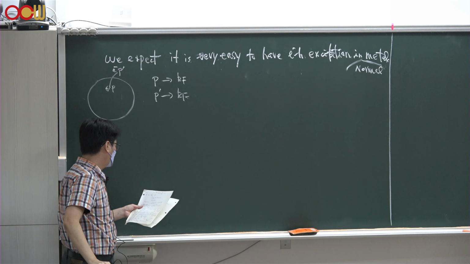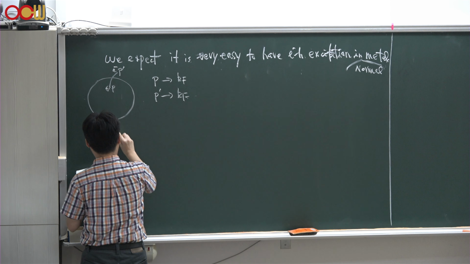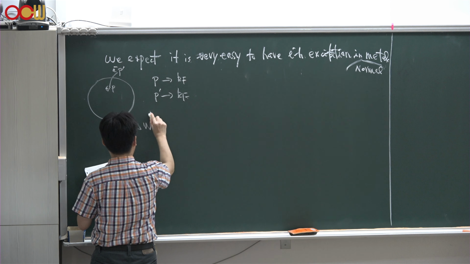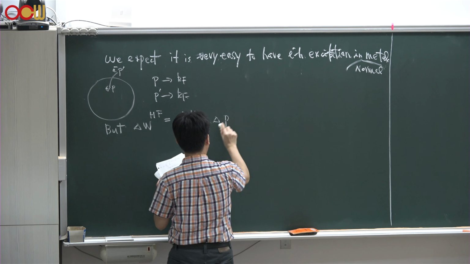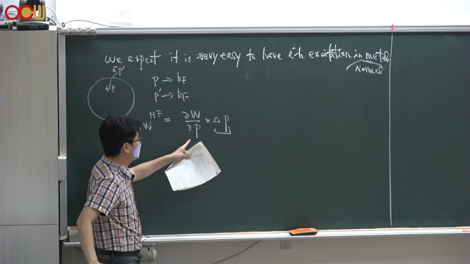Remember that. But let's see what it looks like when we calculate this quantity within Hartree-Fock times delta p. Although this delta p is still very, very small, close to zero, this partial W, partial p diverges.